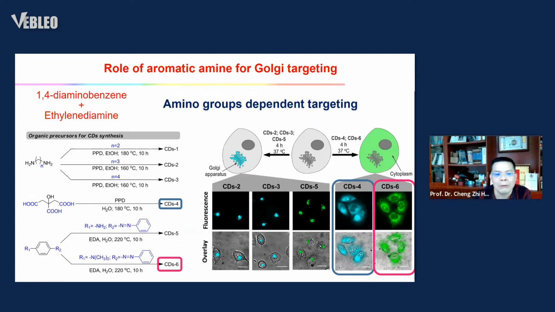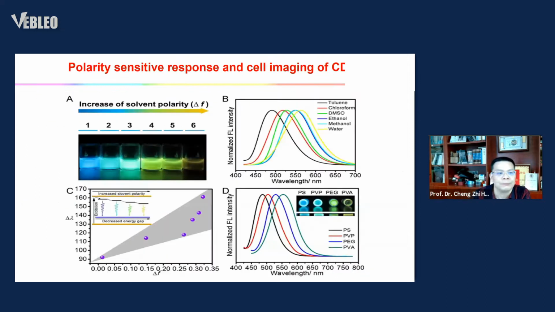And those prepared with precursors with the amino groups such as carbon dots 2, carbon dots 3, and 5 can target to the Golgi without exception. That is, the free amino groups on the benzene and the amine were equally important to the formation of basic structure that can target to the Golgi.